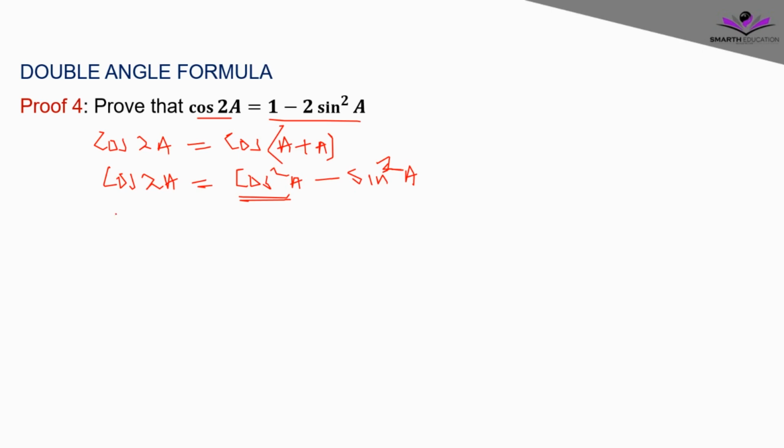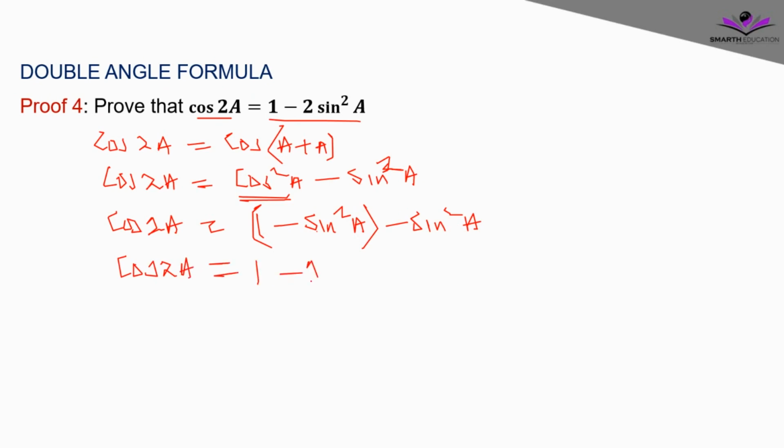Okay, then so it's cos 2a is equal to 1 minus sine squared a, right? And then minus sine squared a. So if you remove the brackets here, we'll remain with 1 minus sine squared a minus sine squared a. It becomes cos 2a is equal to 1 minus 2 sine squared a. We have proved all the four.